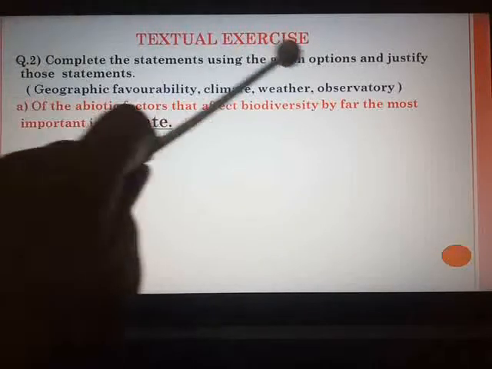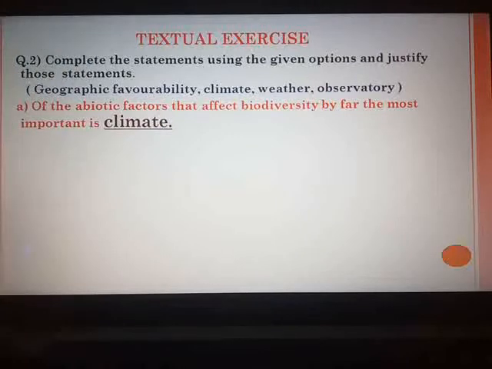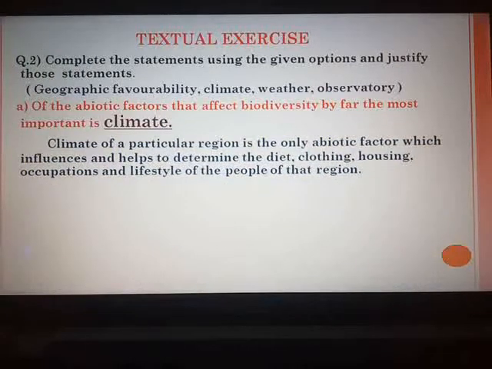Now they have also told us to justify those statements. In short, you have to give the justification. So to mark the justification, all of you refer to page number 96. You can see the paragraph Changes in Weather, in the center of the page, the second paragraph.